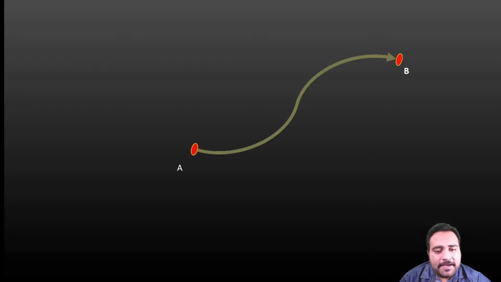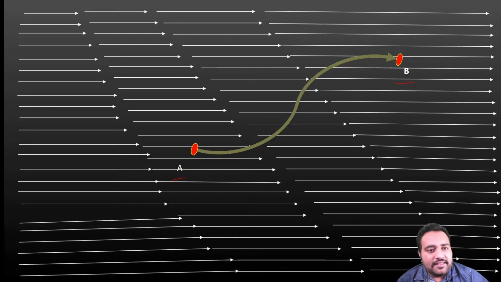Consider a non-linear path from A to B and assume that it is the motion of a body from A to B. Now, we intend to find the work done by a force field in moving a body from A to B. Let us assume that the force field we would like to determine is this one.